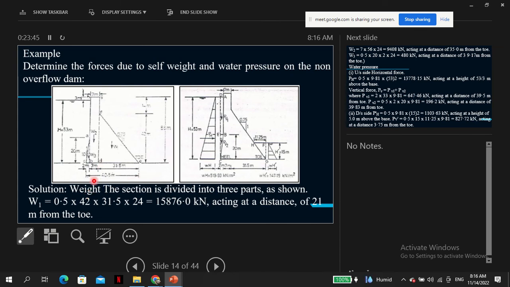Weight 2. This would be 42 plus 14. That's not right. 42 plus 14 is 56, right? 56 divided by 2 should be 28.